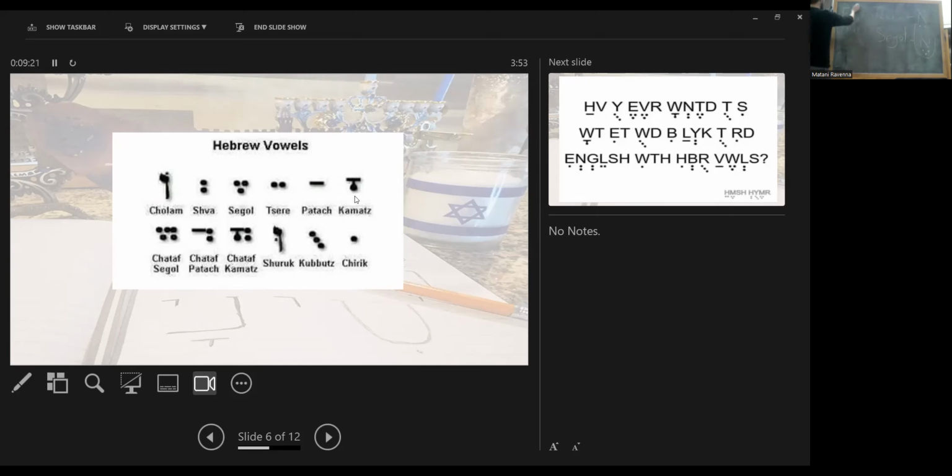I'm continuing. Your worksheets have vowels on them, lesson 1, 2. There's a part where it says translate. Definitely say it out to yourself.